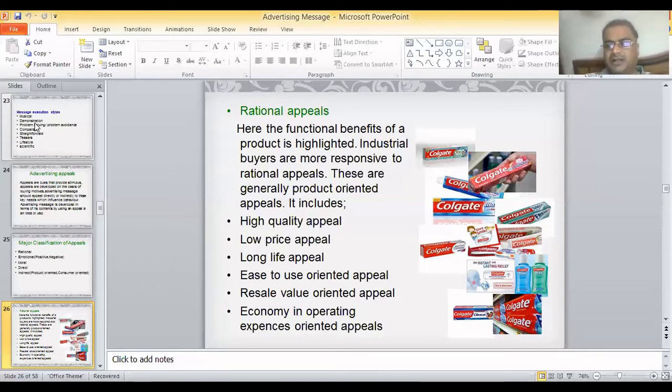It can be about long life, durability, price, high quality, high productivity, or in the case of cars and bikes, high mileage. So all these are rational appeals.